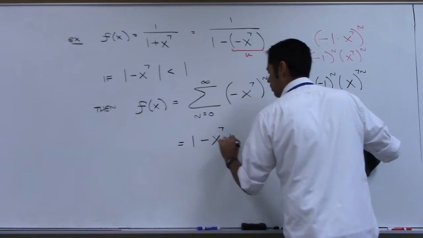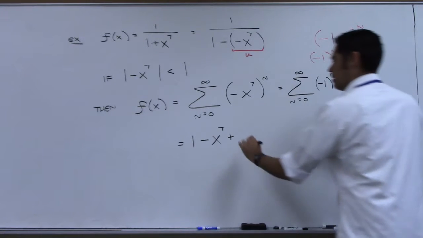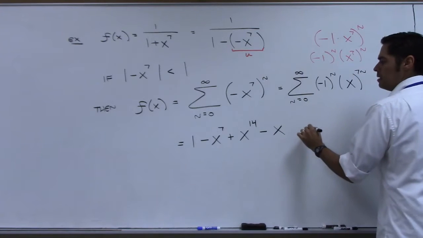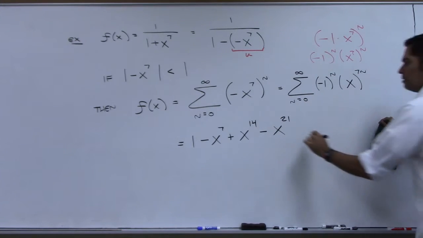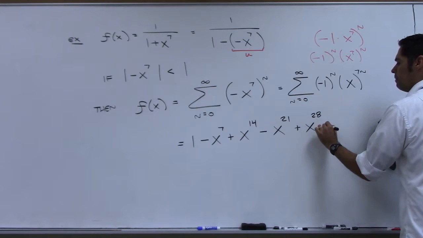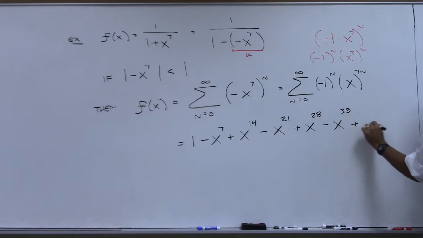And then it's going to alternate plus x to the 14th. And then minus x to the 21st. Are y'all seeing this? Go one more. x to the 28th, and then minus, oh, I lied, x to the 35th, and plus dot, dot, dot, right?